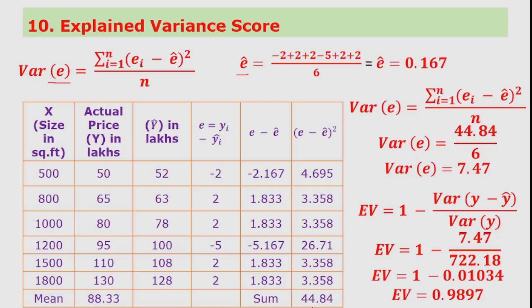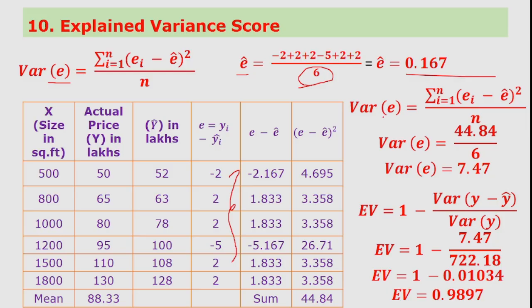So the mean e hat you calculate as minus 2 plus 2 plus 2 minus 5 plus 2 plus 2, divided by 6. If you do that, you will get e hat as 0.167. This 6 indicates the number of input rows. In this case you have 6 rows, so you are getting 0.167.